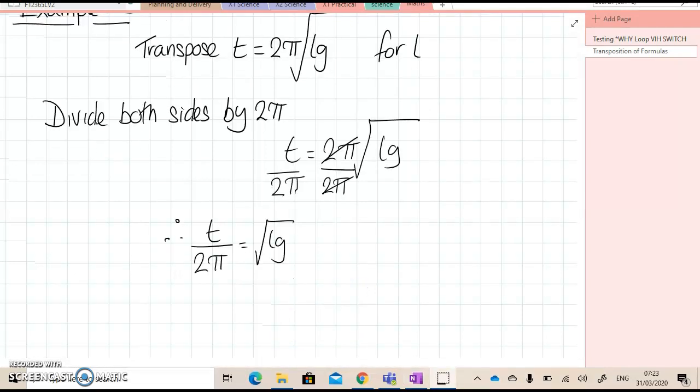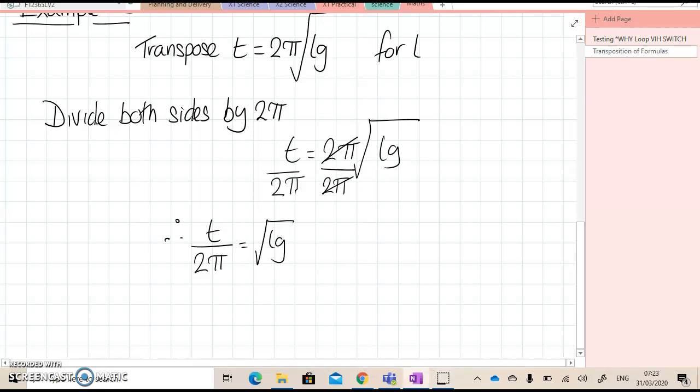So the next thing we need to do is square both sides, because if you look at the right hand side, the product of LG is all square rooted, so the opposite of that is squared. So if we put brackets in there, the square root of LG, if we square that, puts it back, so that's the opposite if you like. What we do on that side, we do on that side.